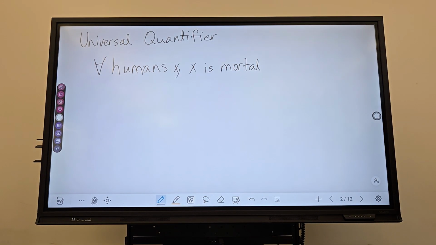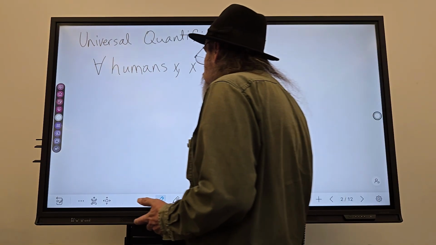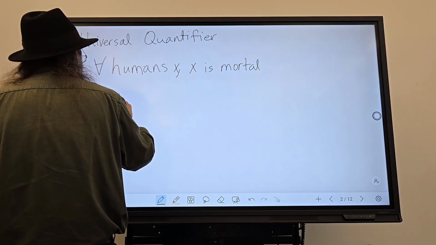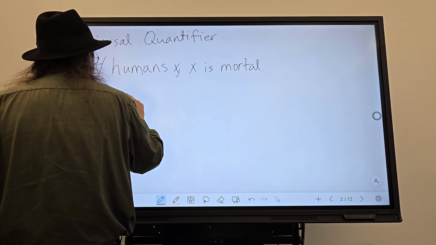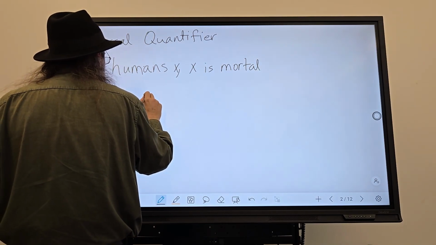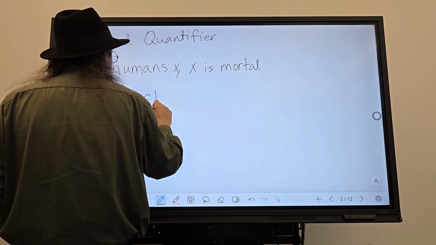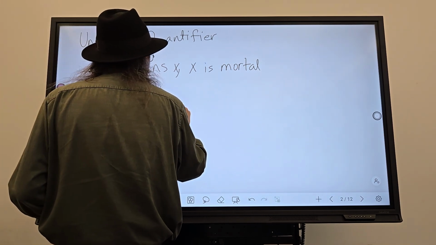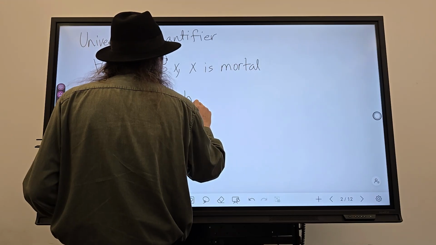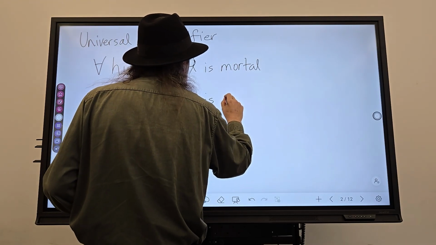It can also be written as for all humans, H element of human, H is mortal.